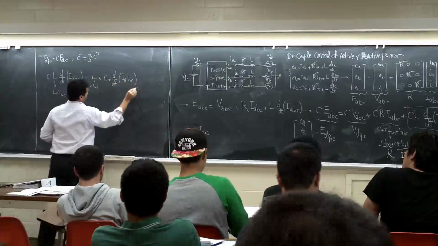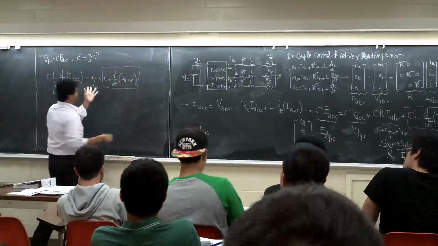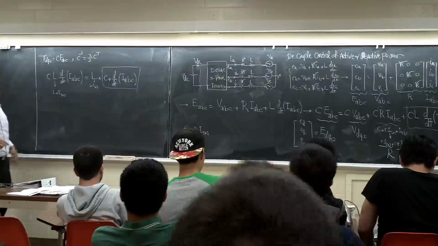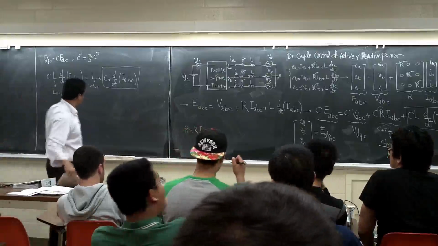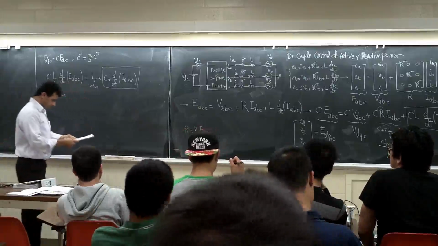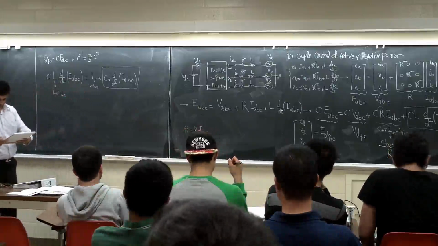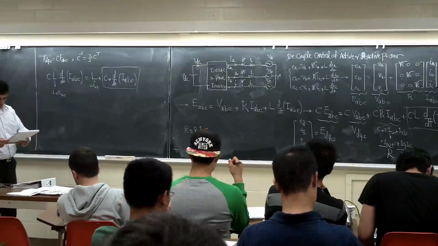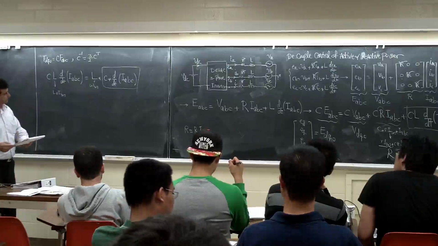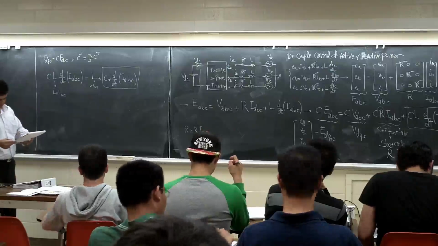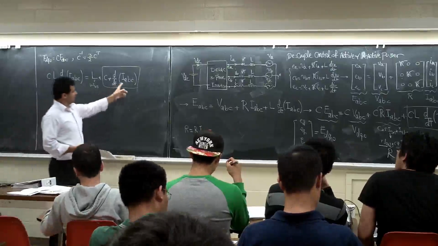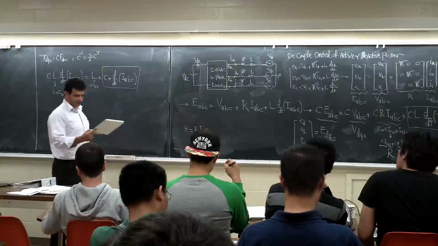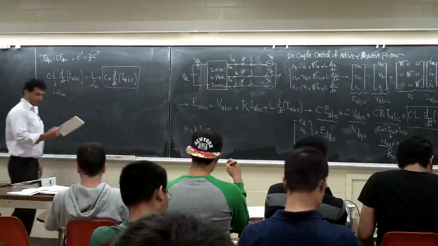Now I need to calculate this part. This is clear, this is simple. Now I need to calculate C times IABC. So let me see how they do it here.